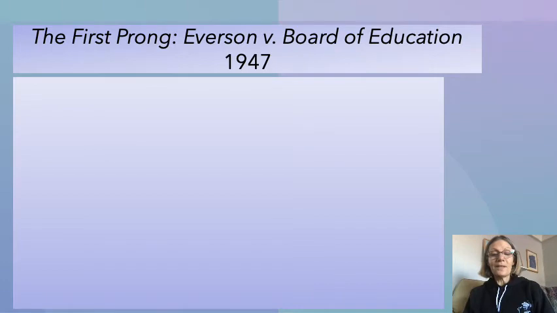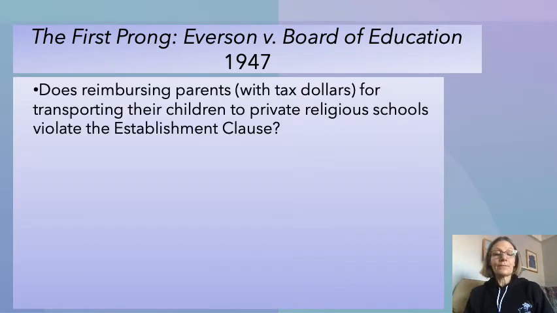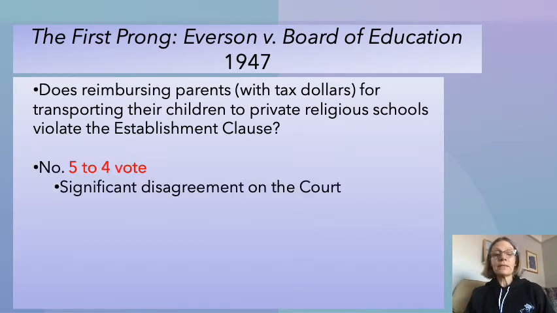So what was the question before the court in this case? The question was, does reimbursing parents with taxpayer dollars for transporting their children to private religious schools violate the Establishment Clause? And in a 5-4 decision, there was a significant disagreement on the court.